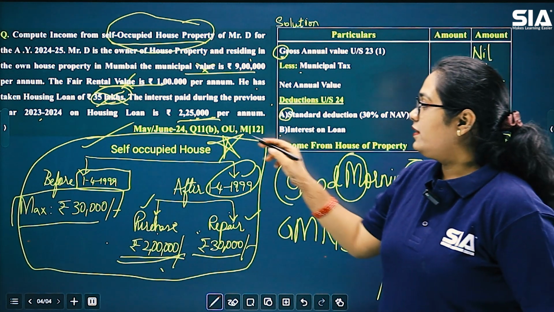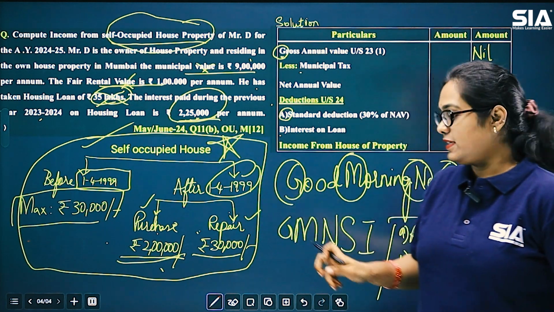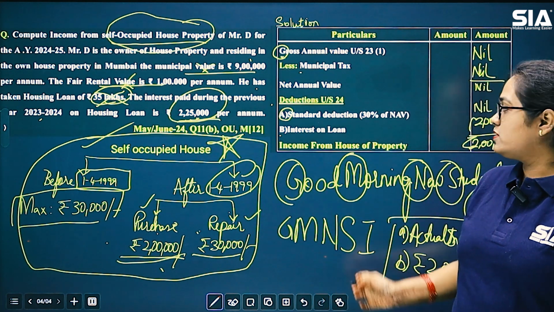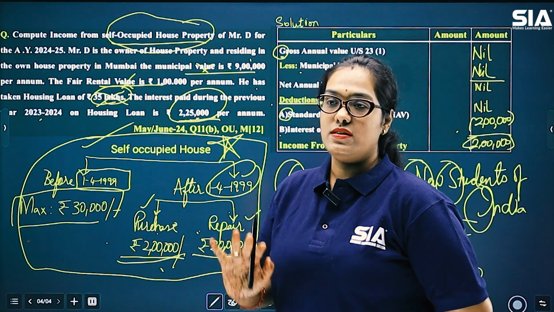So the actual interest amount is rupees 2 lakh 25,000 and the fixed limit is rupees 2 lakh. So that is why we are taking this 2 lakh here. This is how you will complete your answer.